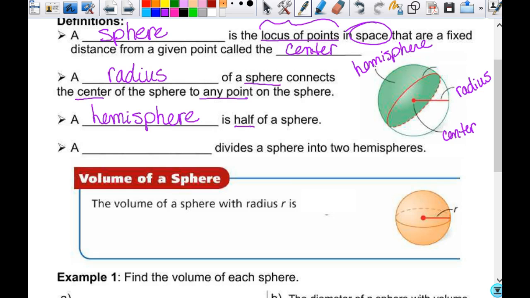So if we think about the globe, what divides the globe into two hemispheres? The equator is one. What else? Prime meridian. And what else? The axis is going to be like a line segment, right? What is the prime meridian?